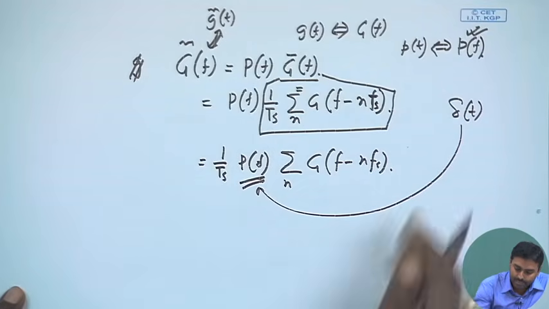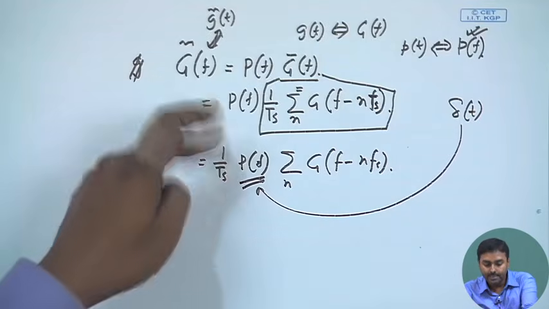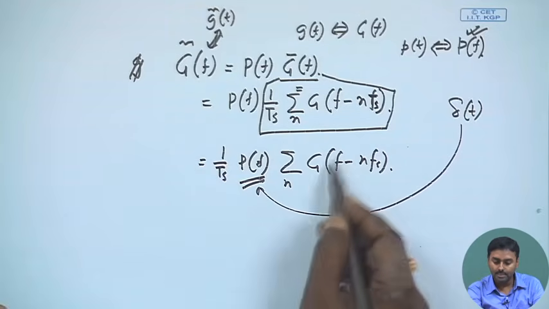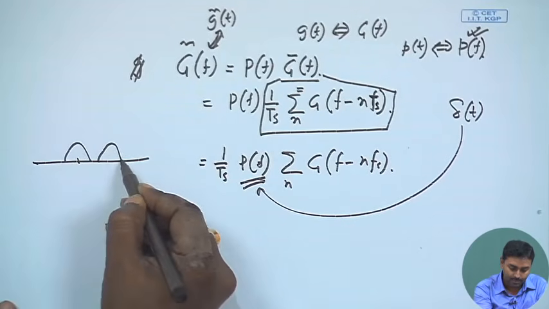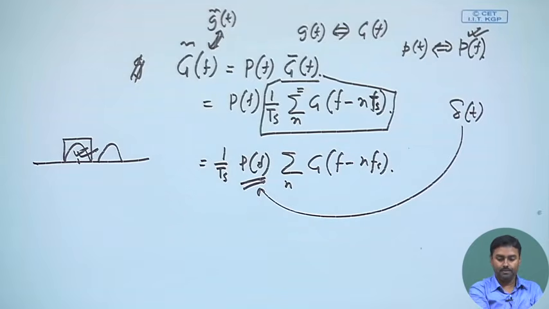So, basically if the pulse is something like this, I can always put a low pass filter with Ts gain, then Ts will be cancelled out with an ideal low pass filter, and because this G(f minus nfs) just looks like this, it gets repeated, and then ideal low pass filtering will just give me back G(f).